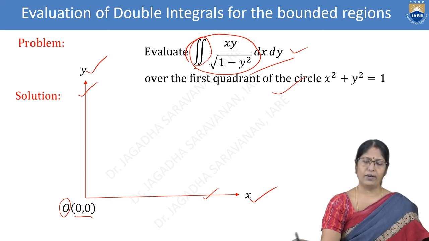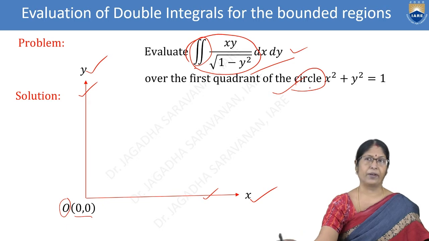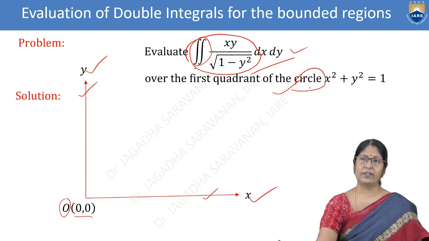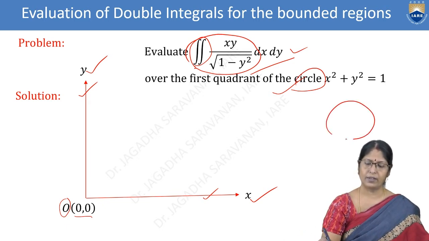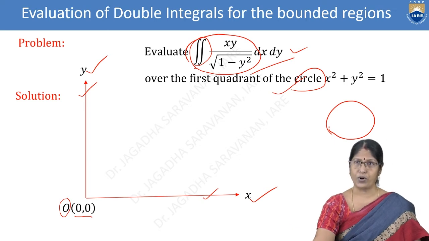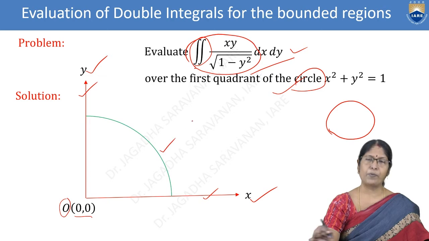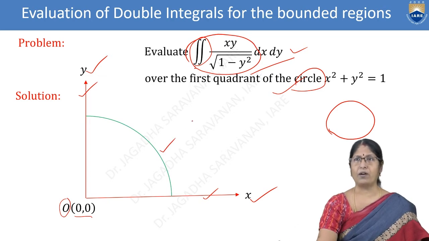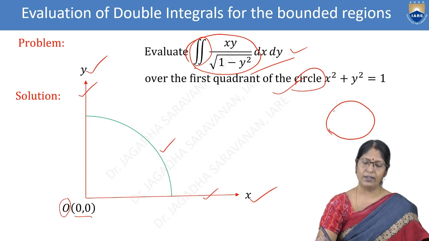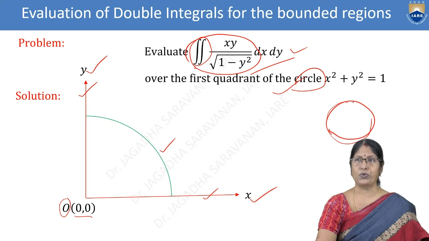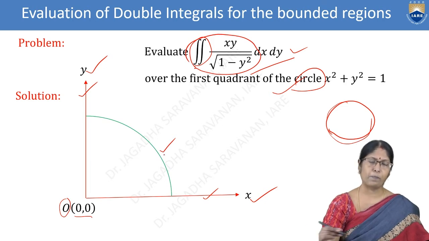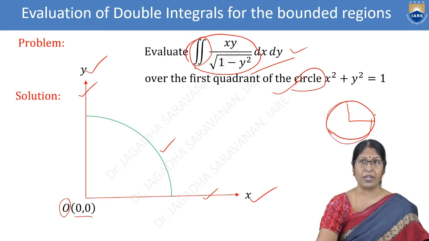The next one, the circle. We know the circle; we have to draw it. But in this particular problem, we didn't draw the complete circle. We know it is a full circle, but in this problem only 1/4 of the circle we have taken.